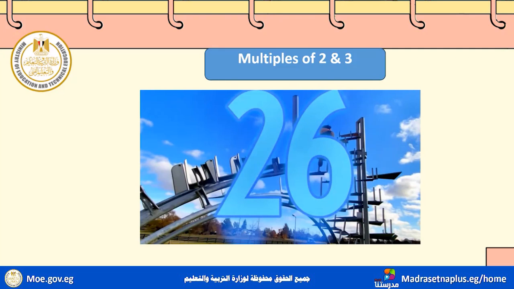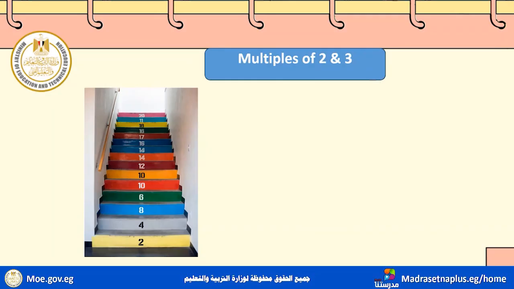Don't forget, this is called multiples of 2. What can you see now? This is stairs. You can see some numbers. First number is 2, 4, 6, 8. Then this is what? Multiples of 2. Not arranged, I know, but this is called multiples of 2.